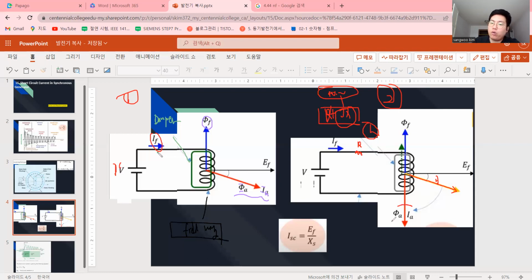We already learned Lenz's law and Faraday's law. Lenz's law, what is that?